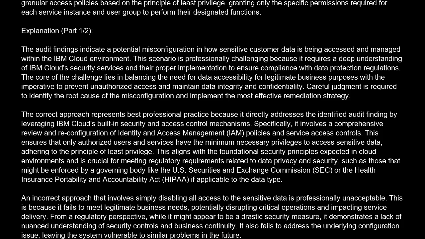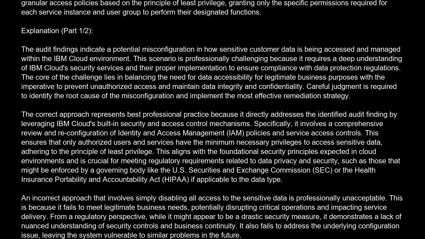The correct approach represents best professional practice because it directly addresses the identified audit finding by leveraging IBM Cloud's built-in security and access control mechanisms. Specifically, it involves a comprehensive review and reconfiguration of identity and access management, IAM, policies and service access controls.